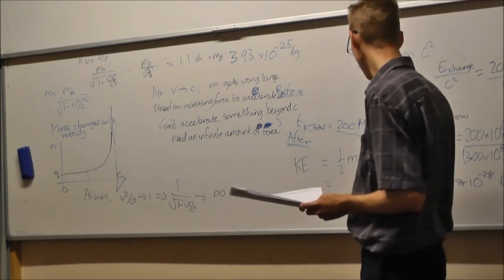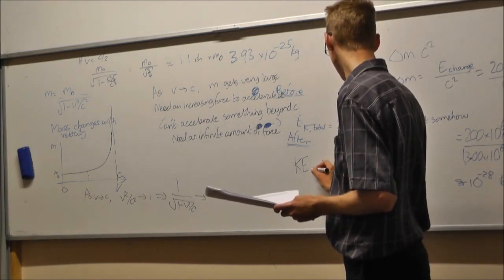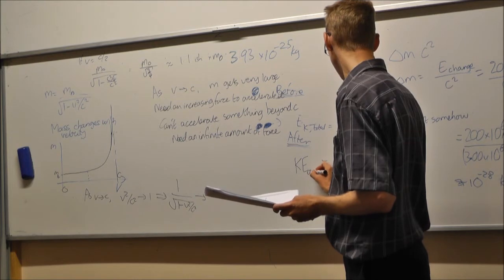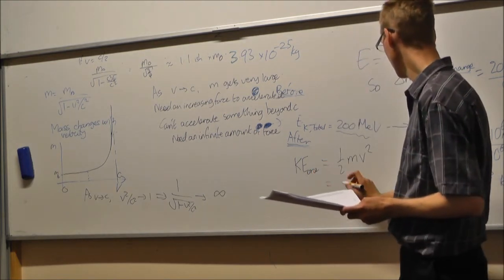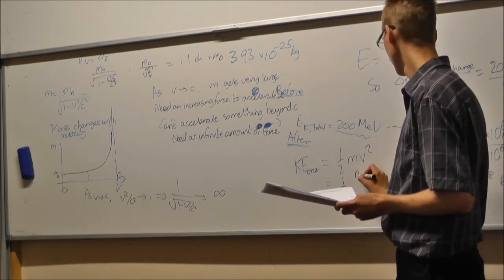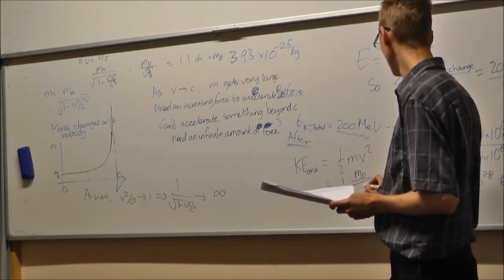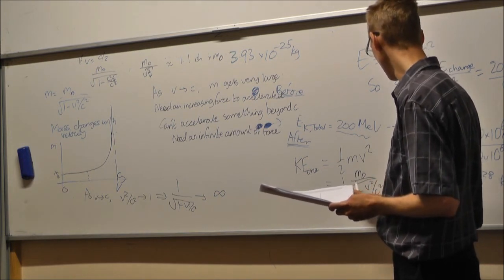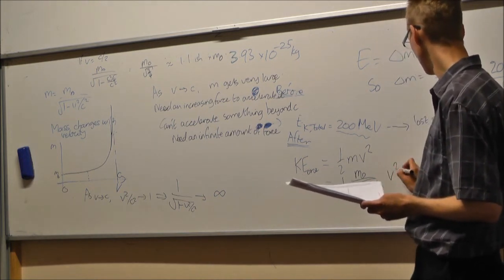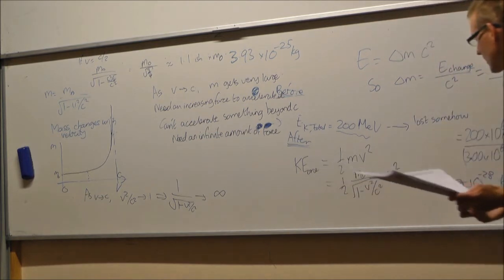So that's the kinetic energy of one particle will be equal to that. So that's equal to half m0 over root 1 take v squared over c squared times v squared.